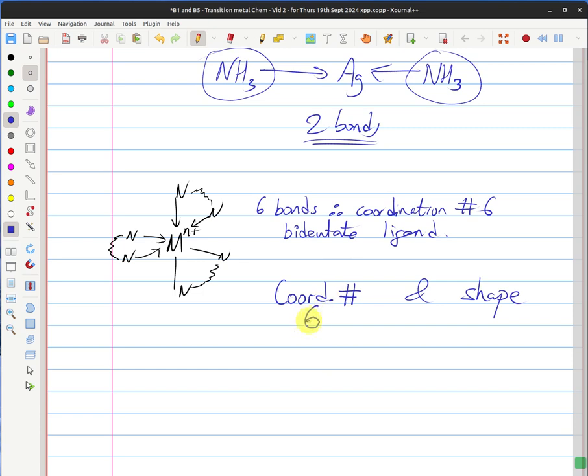Even though it's a lot of bonds, the shape is always going to be octahedral. It doesn't matter if that octahedral shape comes from an en, or 3 lots of bidentate ligands, or even 6 lots of monodentate ligands. It has 6 bonds in total. So that shape will always be octahedral.